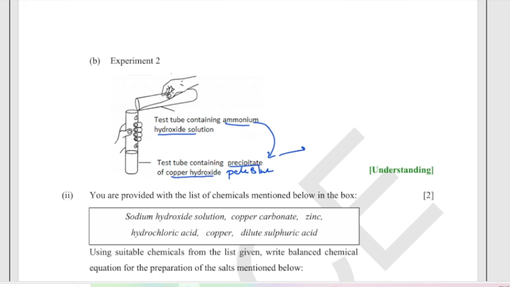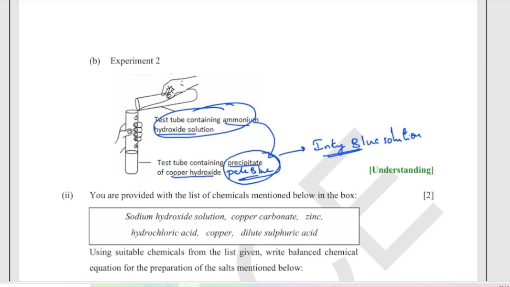Then it forms an inky blue solution. When you add excess ammonium hydroxide, this pale blue precipitate dissolves and forms an inky blue solution.